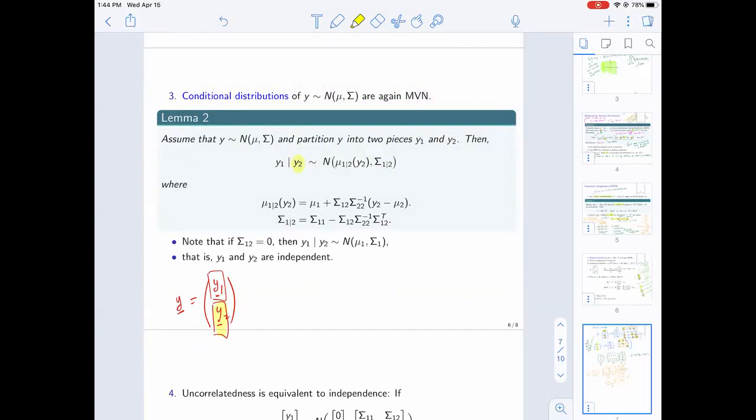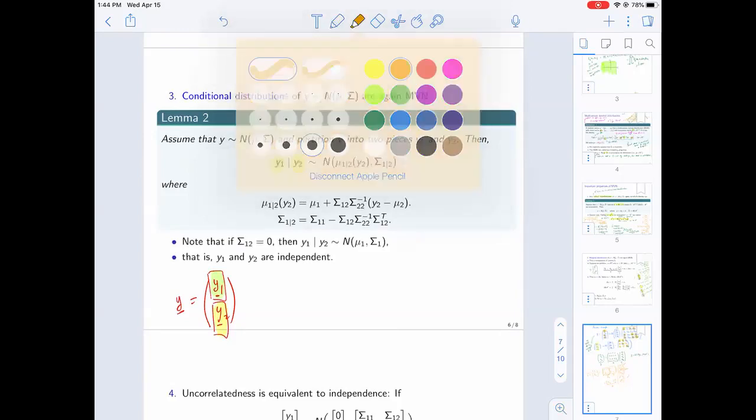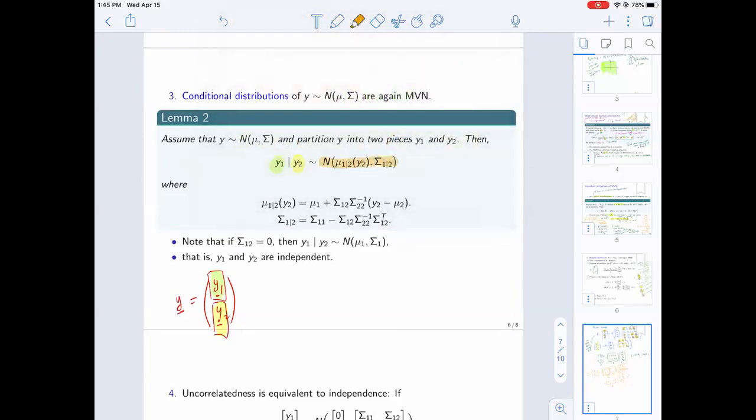The distribution changes in general because conditioning affects the probabilities. This result is saying that the conditional distribution of Y1 given Y2 is another normal distribution, with a certain mean, which is given here, and a certain covariance matrix.